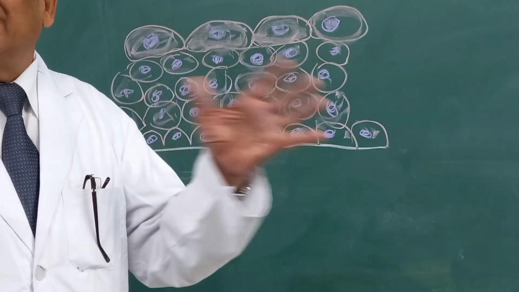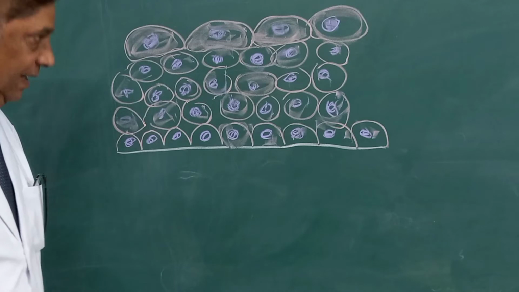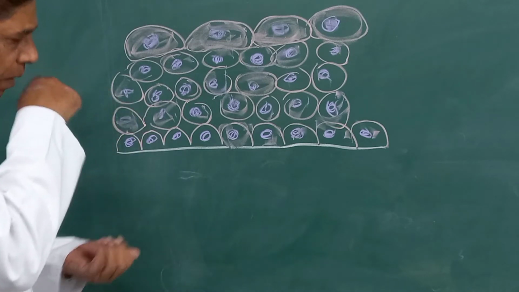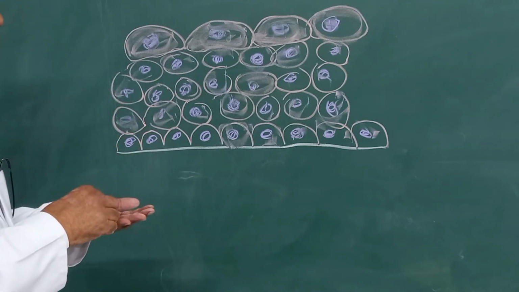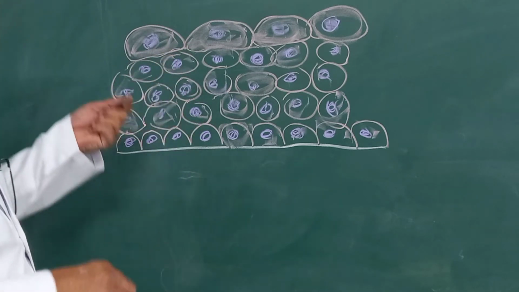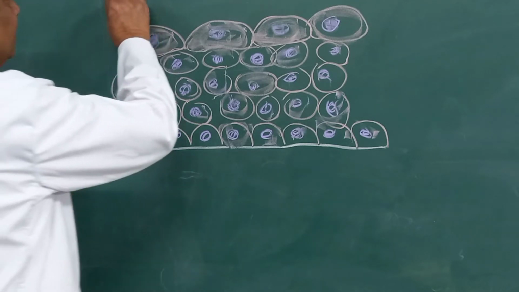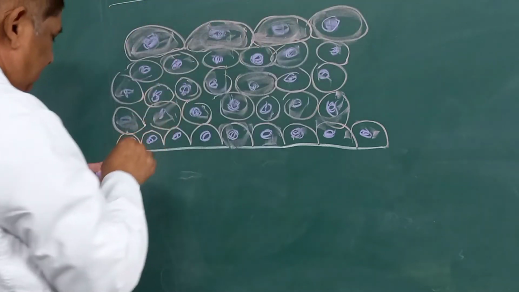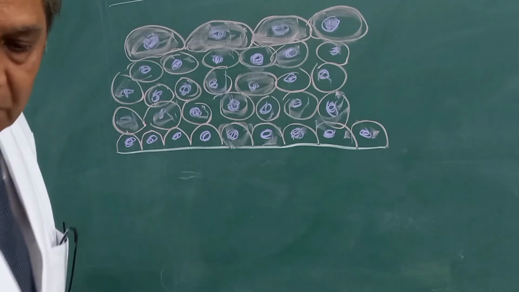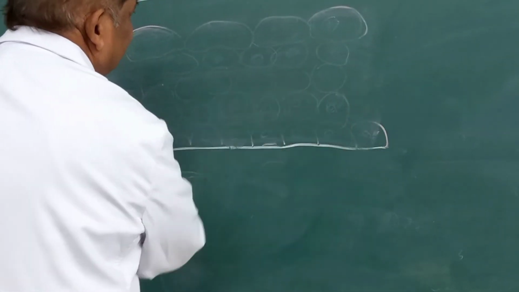Okay, and in that condition, when the walls of the urinary bladder are highly stretched, what you will see is that this will not be the case. The stretching of the urinary bladder will lead to this kind of epithelium. Let me just rub it out and draw it here itself.